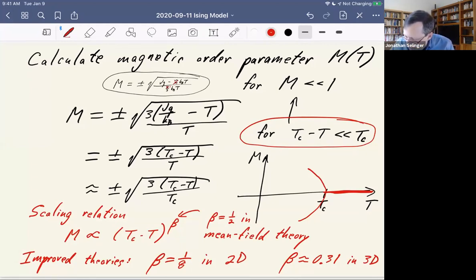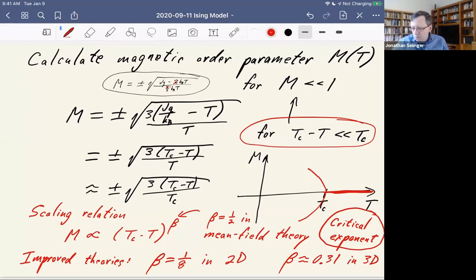And this is one example of what is called a critical exponent. That is to say, the behavior near the critical point, near the critical temperature, Tc, is characterized by a set of exponents.